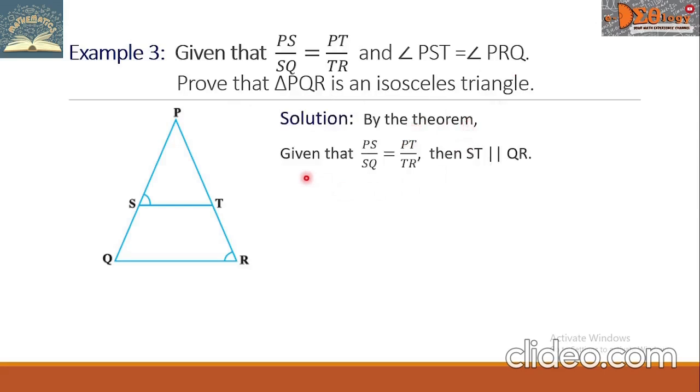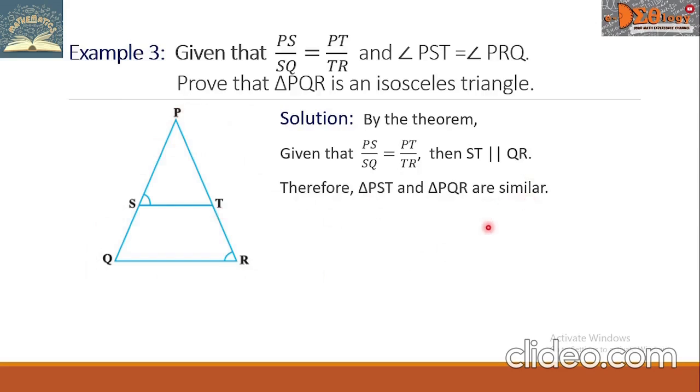By the theorem, given that PS over SQ equals PT over TR, then the side ST is parallel to QR. Therefore, triangle PST and triangle PQR are similar.